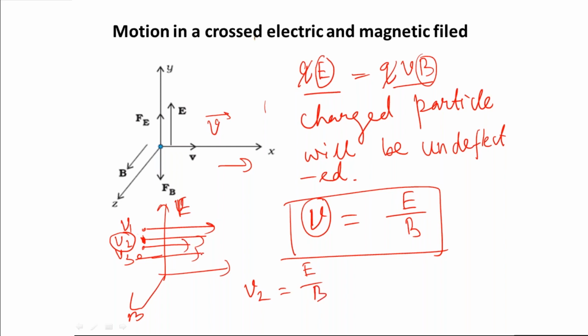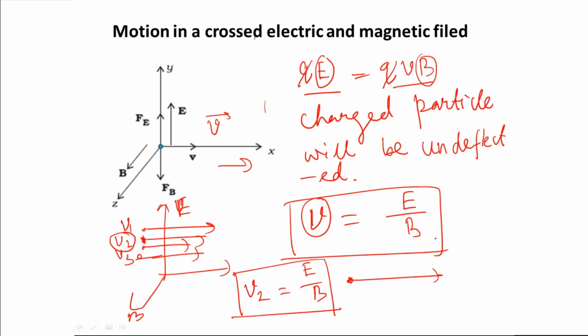But the charged particle with velocity v2, which is exactly equal to the ratio of E to B, will move without any deflection. This is called a velocity selector. That's why crossed electric and magnetic fields are used as a velocity selector.